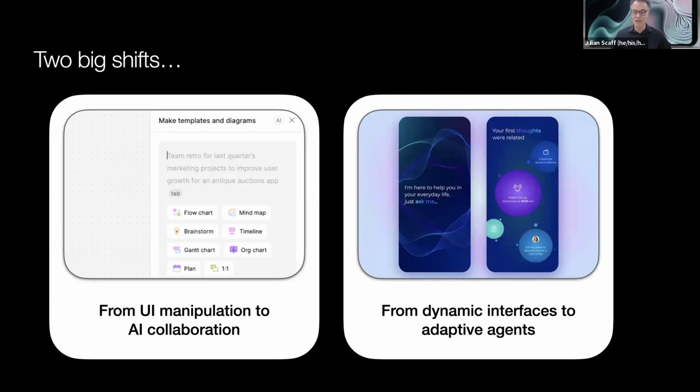And so instead of clicking through static screens, users are increasingly engaging with systems that anticipate needs and offer proactive support. And so agents can ask the user what the user wants, but agents can also predict that and start to make suggestions and make decisions ahead of time. And so with websites, for example, and mobile apps, we're moving from dynamic but predictable UIs to adaptive agents that are learning how to evolve and personalize over time.